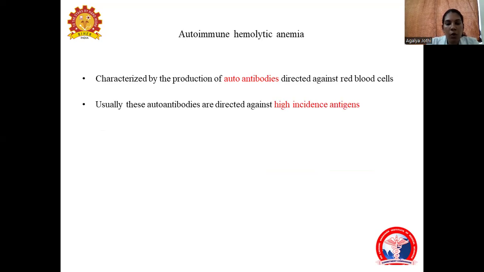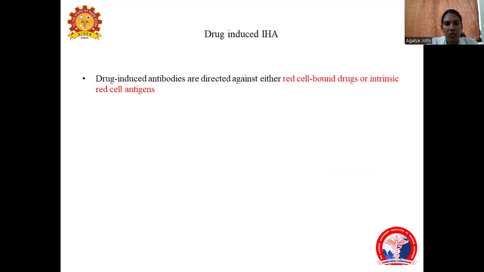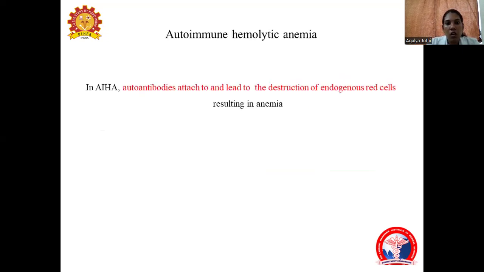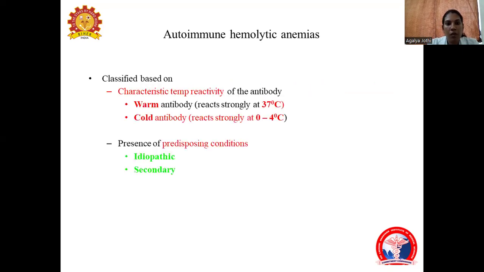Another type is drug-induced immune hemolytic anemia, where the drug-induced antibodies are directed against either red cell bound drugs or red cell antigens. In autoimmune hemolytic anemia, the autoantibodies attach to and lead to destruction of endogenous red cells, resulting in anemia.